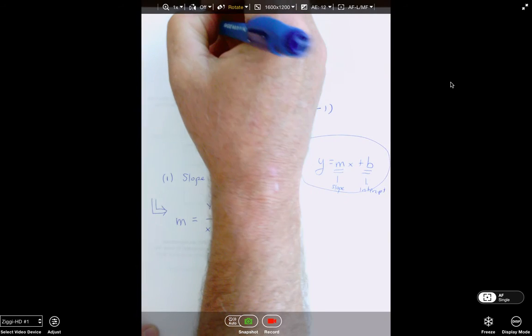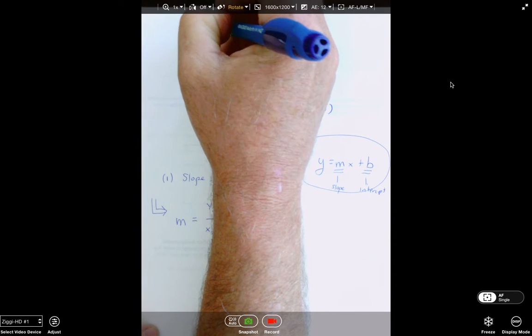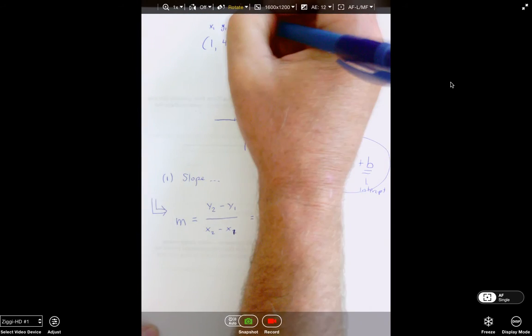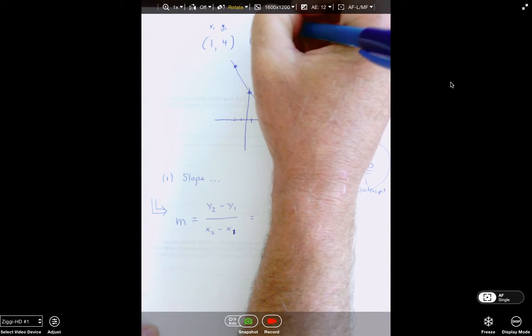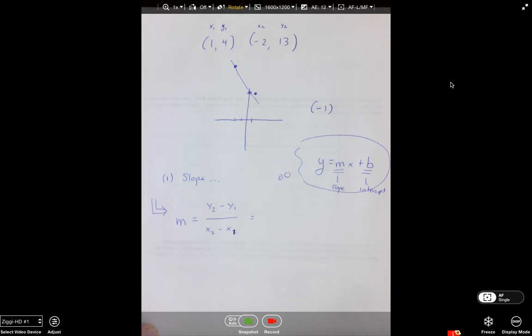So what I would do here is I would call this x1, y1, and I would call this x2, y2. So in finding the slope here, I would put in y2, which is 13, minus y1, which is 4, over x2, which is negative 2, minus 1.